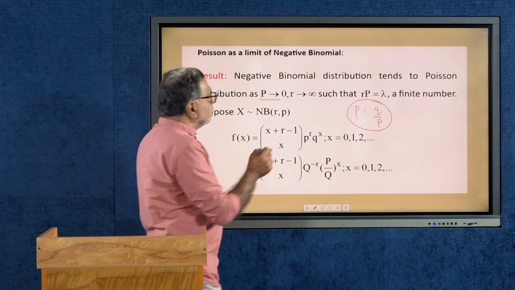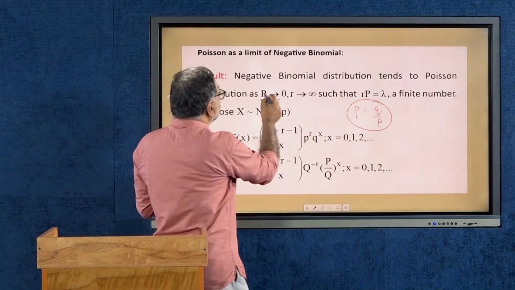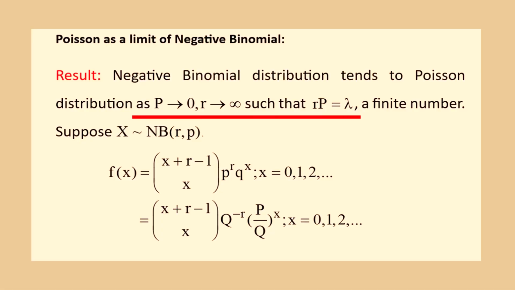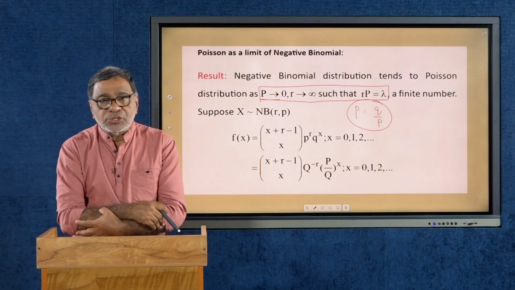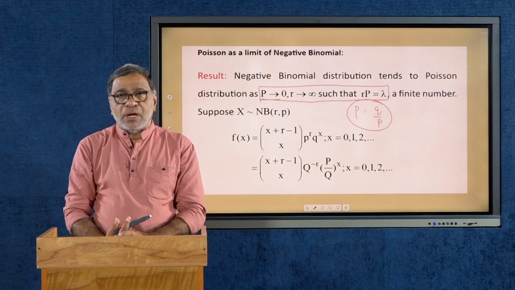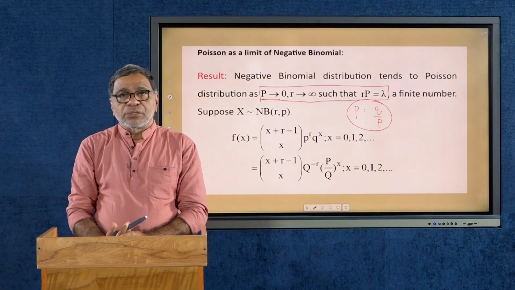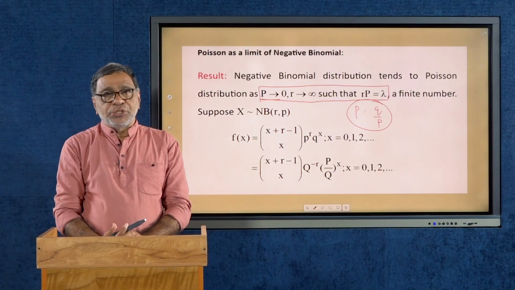Rp is equal to lambda, a finite number, and these are the conditions we are applying. So, capital P tends to 0, R tends to infinity, of course, with Rp equal to a finite number lambda. Then the negative binomial distribution tends to the Poisson distribution.